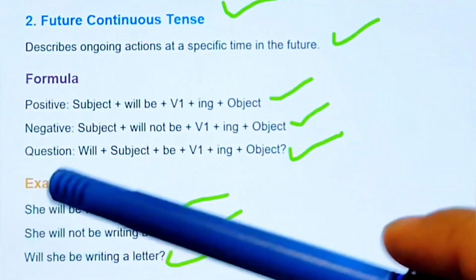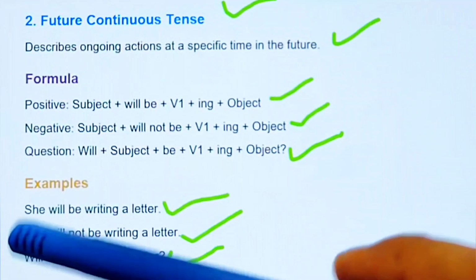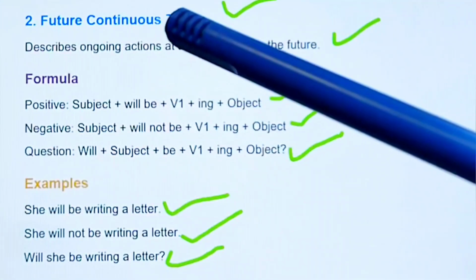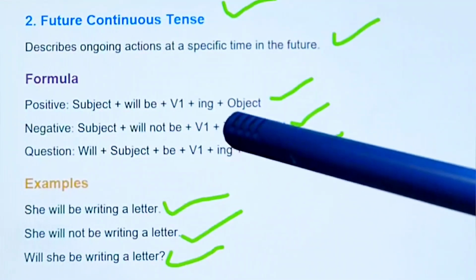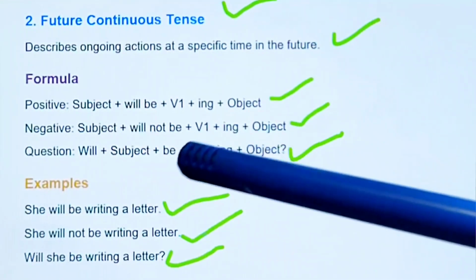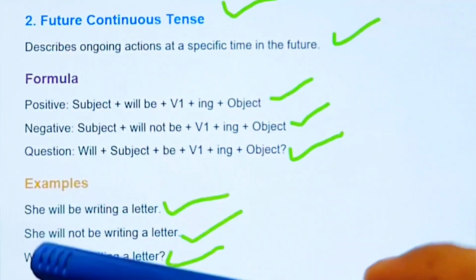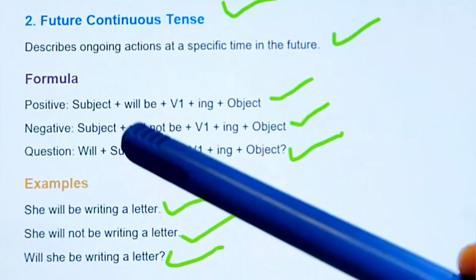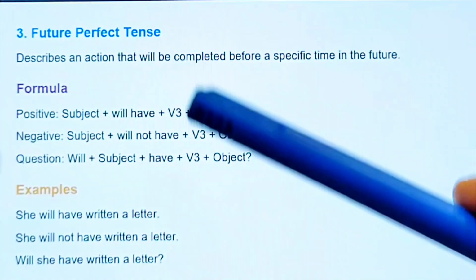Will is at the start of the sentence because it's an interrogative sentence, the subject is she, be writing is for future continuous, first form plus ing is for future continuous, and the object here is the letter. So: will she be writing a letter? This is an interrogative sentence. Hopefully you got it. Let's move on to the next tense.